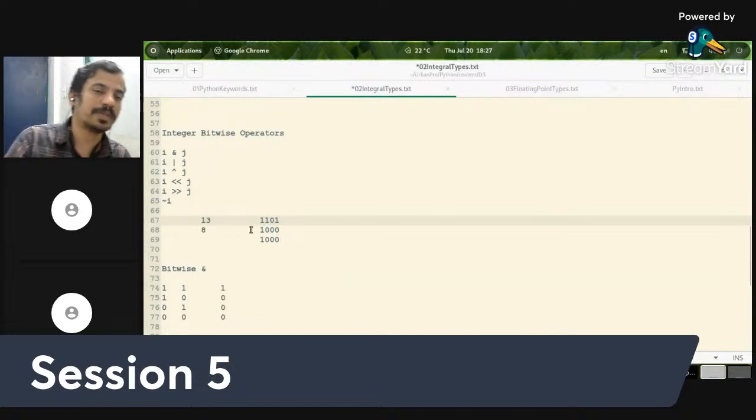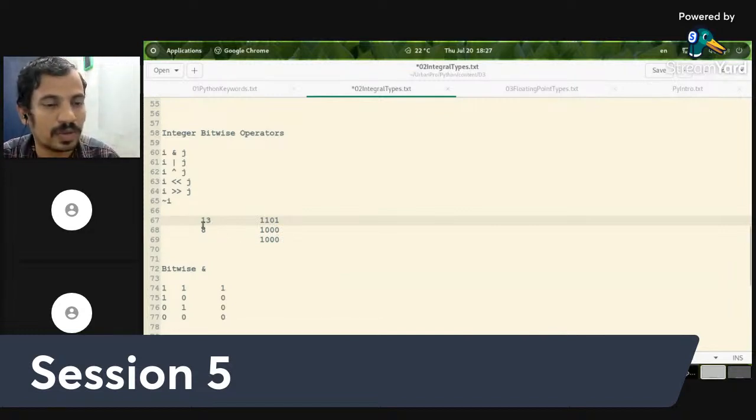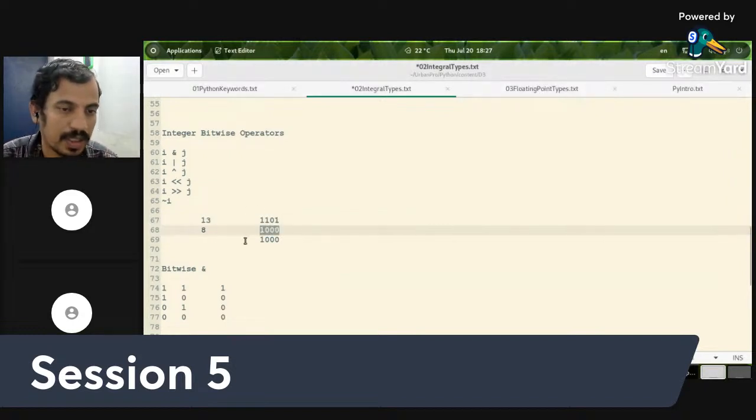But these bitwise operators perform operations at the bit level. So we have to take their binary representations and understand how it works. Once we have understood this logic, you don't need to do the computation every time. You can just say, okay, this is how the bitwise operator works.